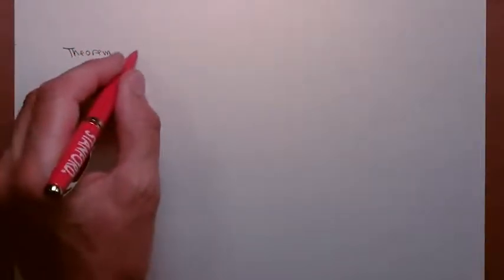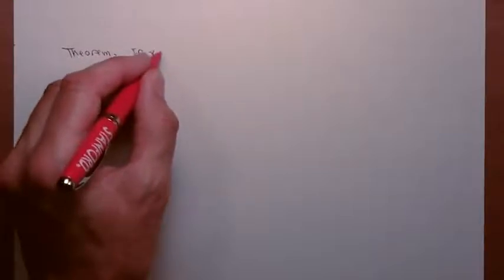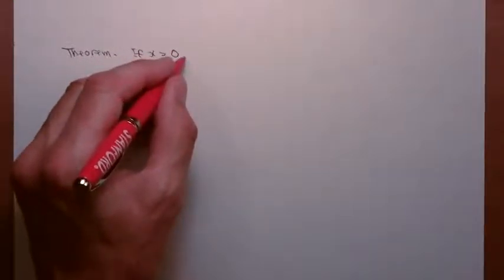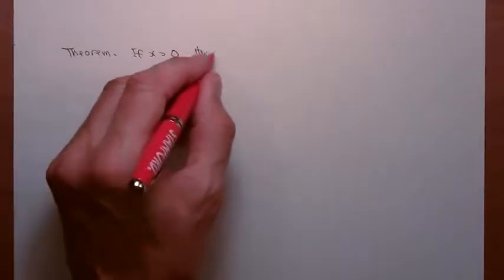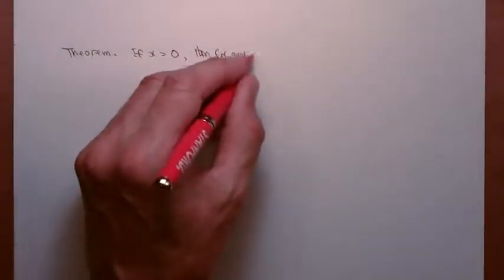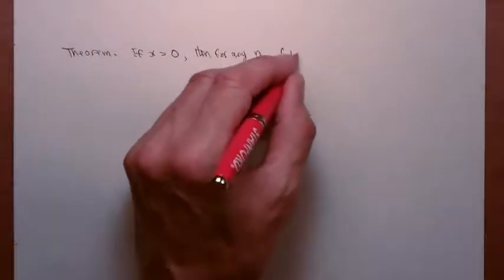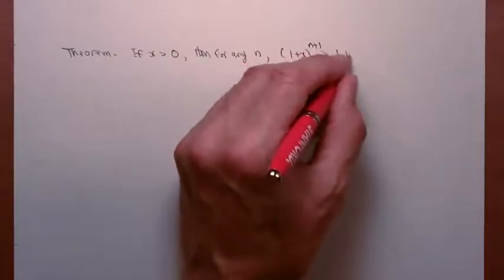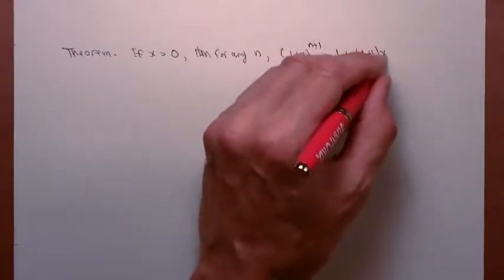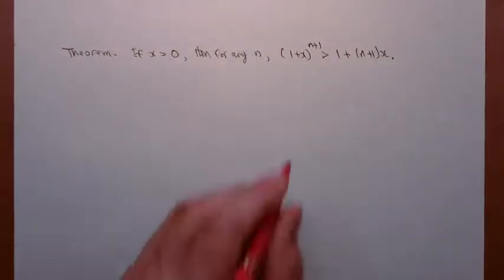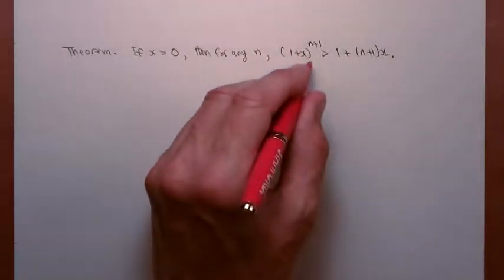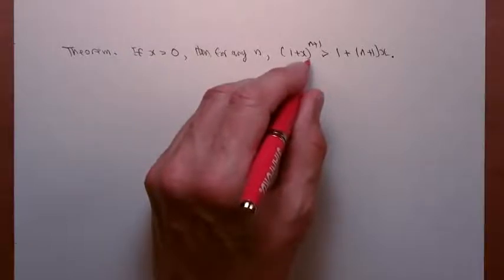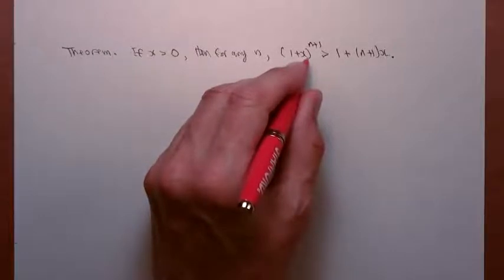Well, calling it a theorem is actually a bit of a stretch, but here's what I'm going to show, that if x is a positive real number, then for any natural number n, (1 plus x) to the n plus 1 is bigger than 1 plus (n plus 1)x. Okay, this result is not going to set the mathematical world on fire, but it is a good example to illustrate the way mathematical induction works, and in particular to connect the argument that I'm going to use to the earlier description I gave for mathematical induction.